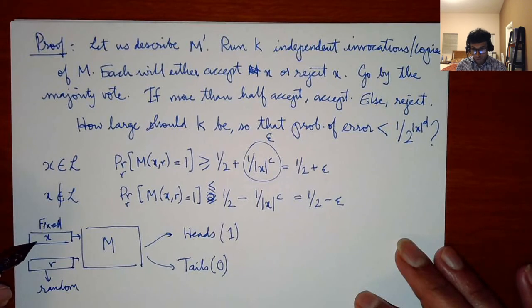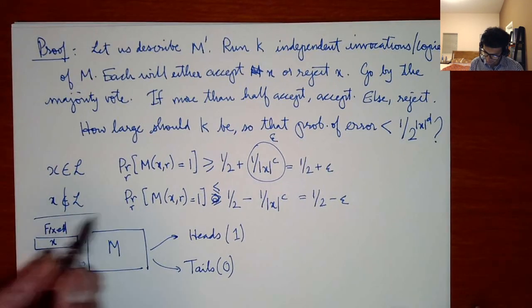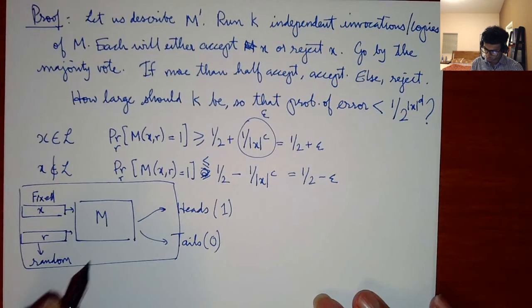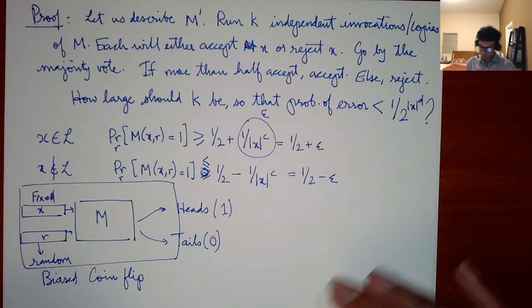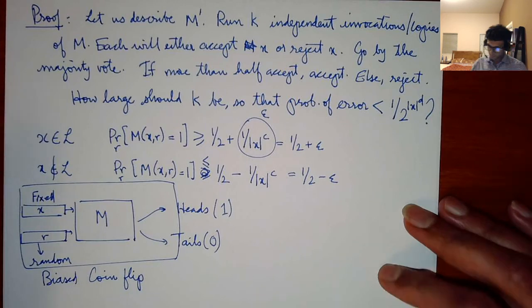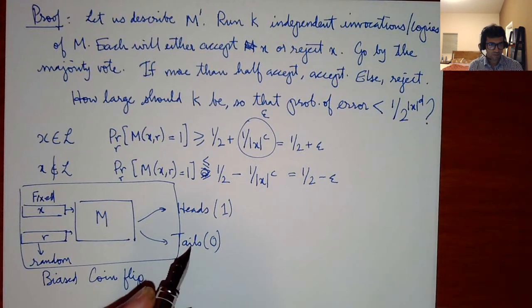So if you fix X, you can think of this entire box as a biased coin flip. What do I mean by that? When X is in L, if I step away and look at the box, I can treat this as a coin whose heads probability is half plus epsilon.